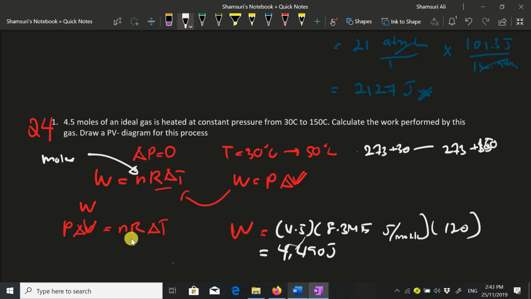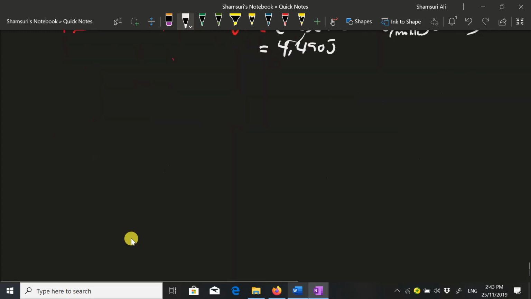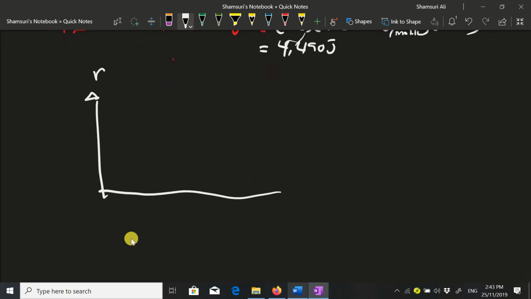So draw a PV diagram process. So we can draw the PV diagram process. So we have the pressure and volume here, and then we have the volume 1 and the volume 2. So then we can have some point.